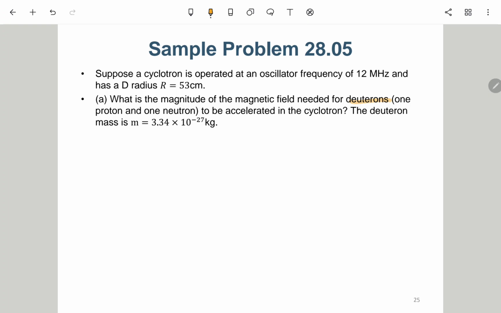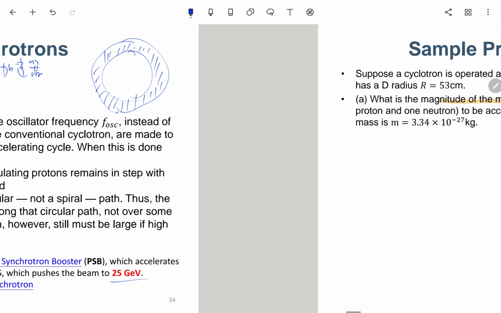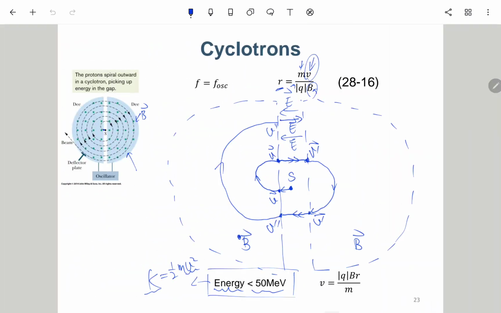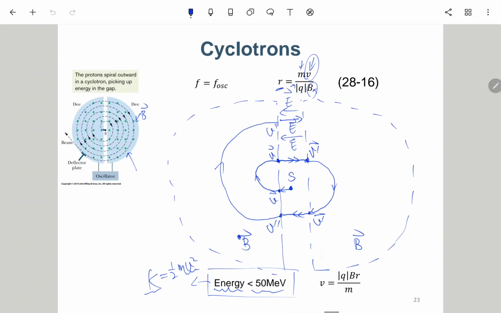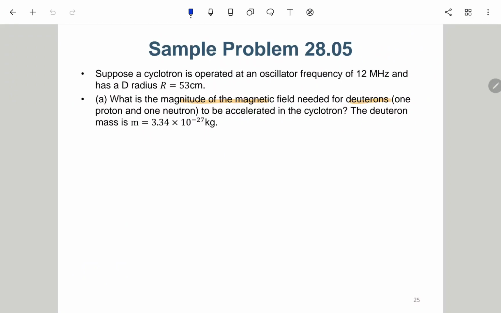Okay, so here it asks what is the magnitude of the B field. Actually we can use this one: f equals qB over 2 pi m, but we want to find B. So we put B on one side and move everything else to the other side. So we have B equals 2 pi m f oscillate over q.